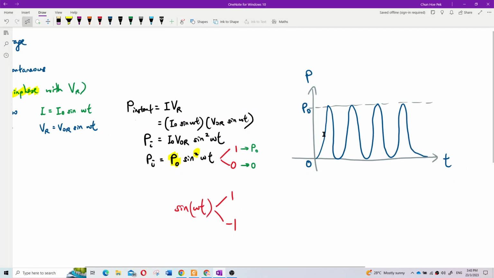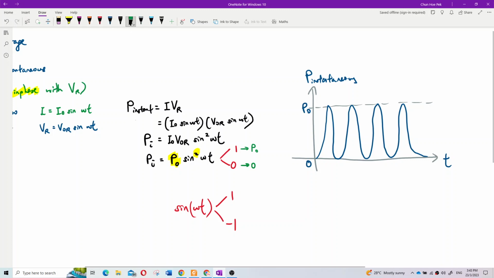So the graph doesn't have a negative value because of sine square. This is the instantaneous power. Now I want to find average power. Average power means the middle line.